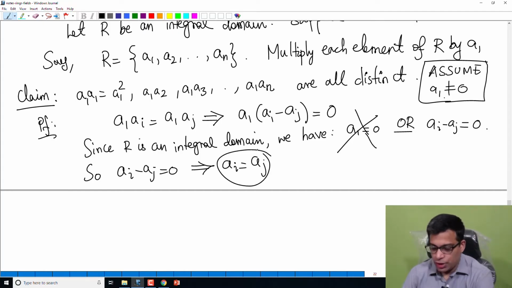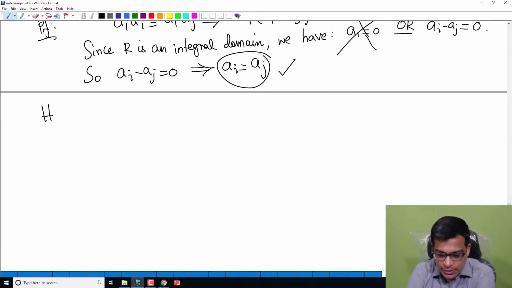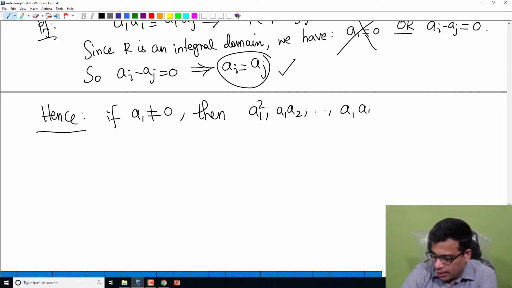So in other words, what we are saying is that if A1 multiplies AI and AJ to the same element, in other words, A1 AI is equal to A1 AJ, then AI is equal to AJ. So what did we conclude? Hence, if A1 is not 0, then A1 squared, A1 A2, ..., A1 AN are distinct elements.